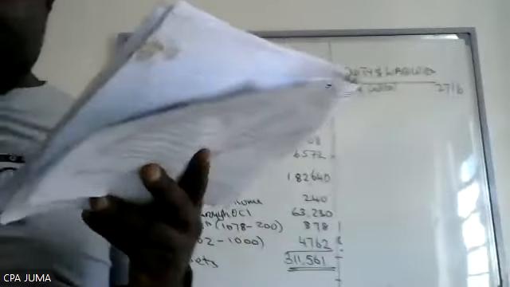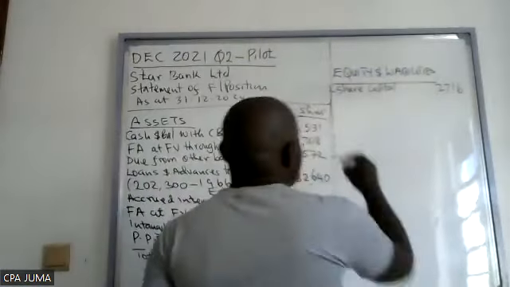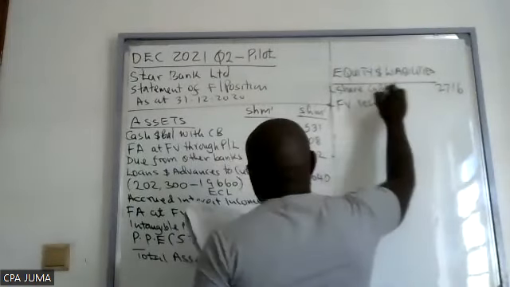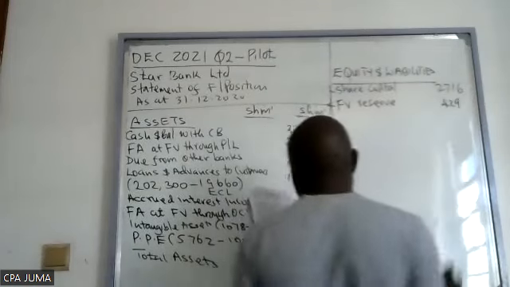I hope you can see that. Follow down there with fair value reserve. Fair value reserve, I'm seeing 429.